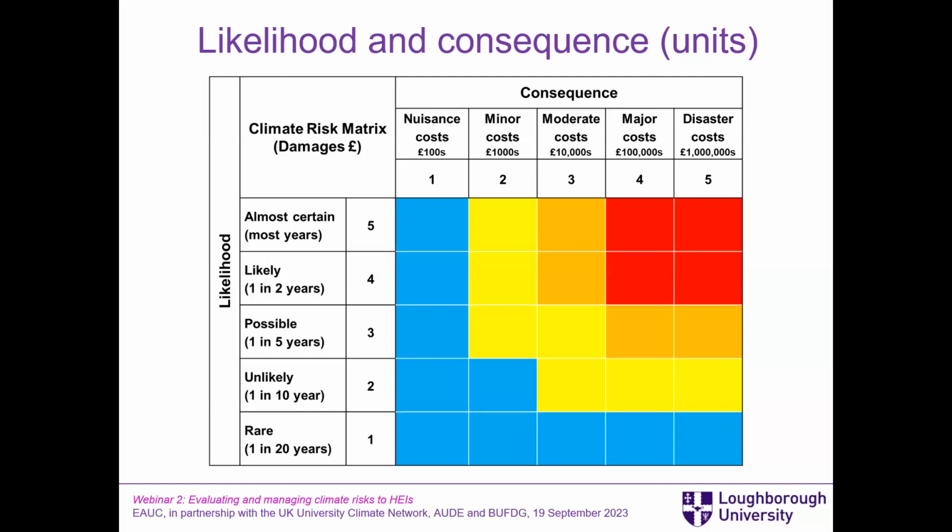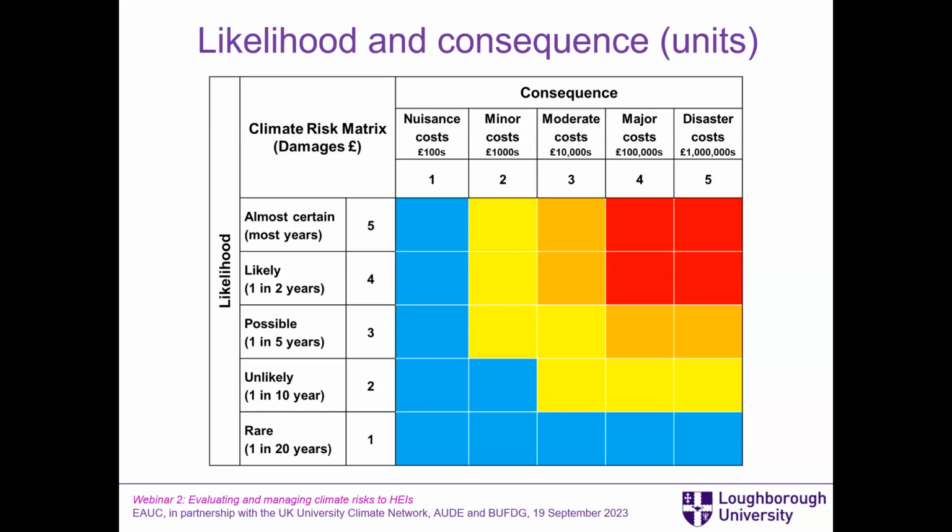But the important thing is I can think of a hazard, let's say heat, and how often these heat waves have affected Loughborough University, and I can identify my own likelihood scale here to suit the local circumstances.